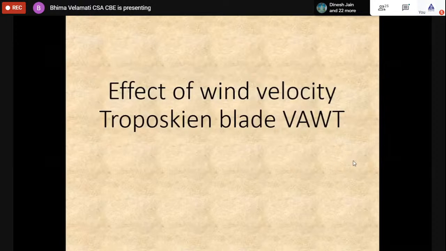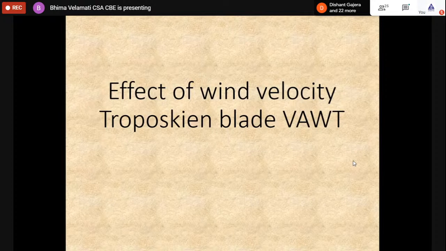It will have some effect, but you don't expect it to be so much, because the entire blade is going through the same wind velocity and the relative velocity remains the same. Because the absolute velocity is what is coming as the wind plus rotation. So it will not vary a lot.